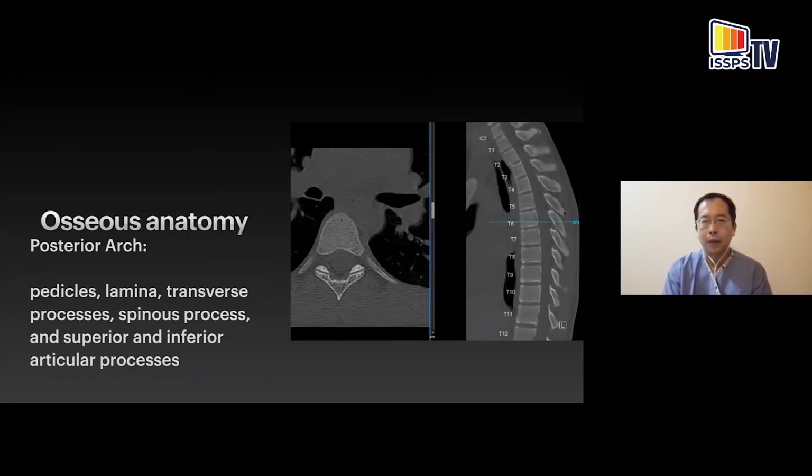Now, as you come slightly more inferiorly, you're starting to see the spinous process reappear. And together with that, you know that you are now at the level of the facet joints. And together with the facet joints, you start to see the top of the T6 rib appearing right here.